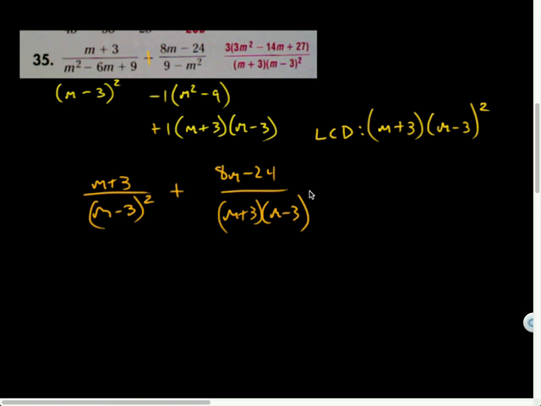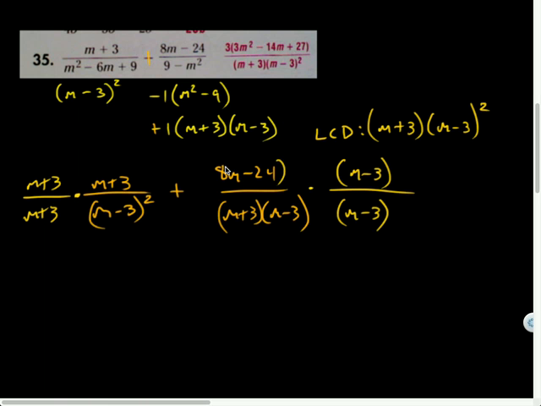So what would I multiply this fraction by, top and bottom? m plus 3. Yeah, that's missing the m plus 3. And this one I would multiply by what? m minus 3, because it's missing just one of those.